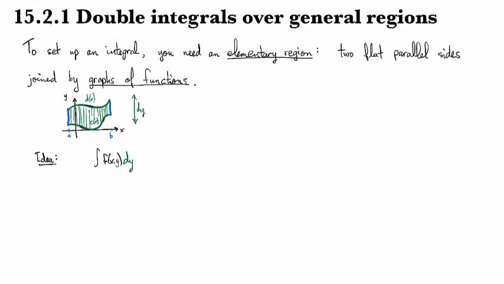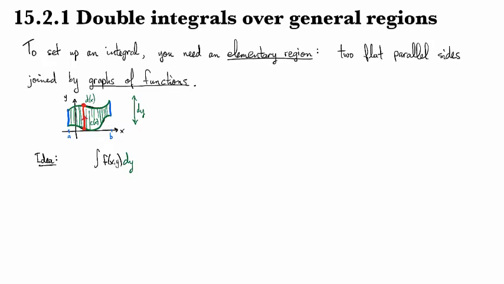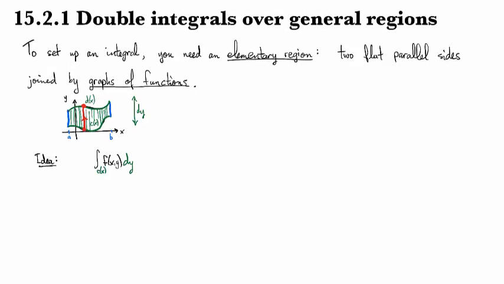And each one of these slices is going to start on the bottom and go up until we get to the top. So it's going from the c of x curve to the d of x curve, so I put c of x as the lower bound and d of x as the upper bound.